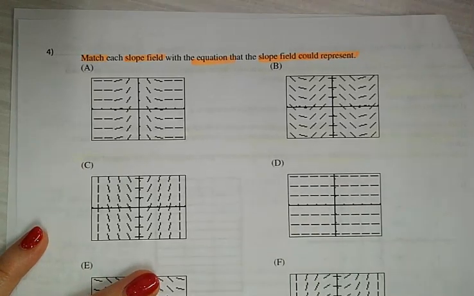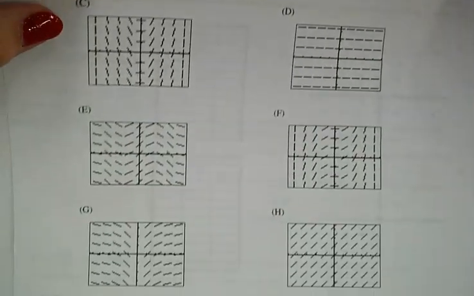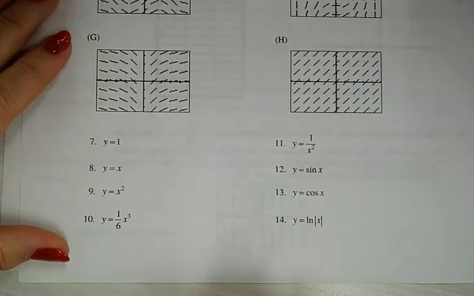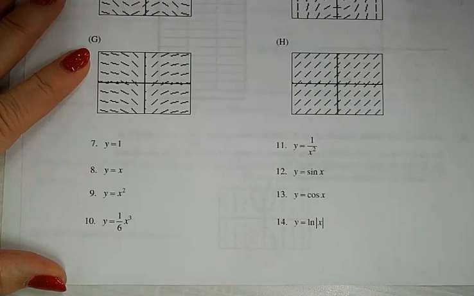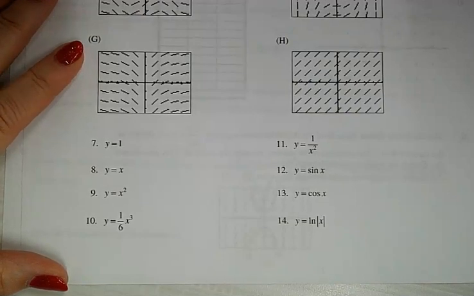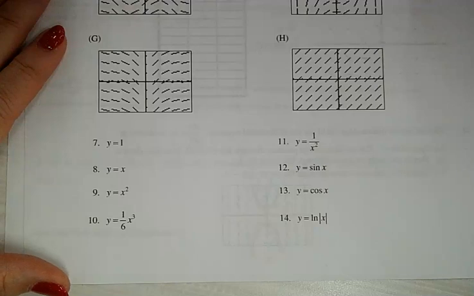I have all of these slope fields. And if I look at the equations at the bottom, 7 through 14 are the equations of a function that should be represented in the graph, and the graph is taking the derivatives of the points for the slope generator to be able to create that.